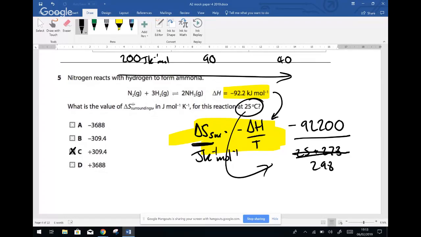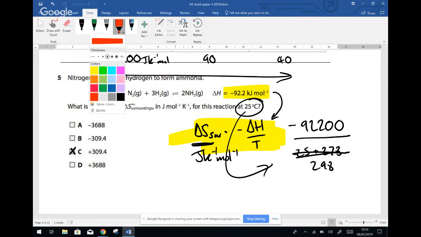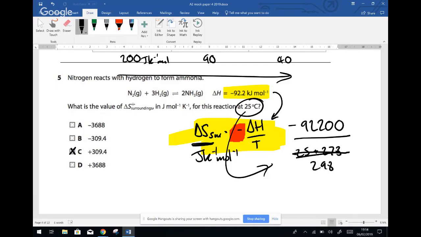Now people are going to be interested in noticing why it's going to be positive in terms of entropy. And I've made a mistake, haven't I? What they're doing here is checking to see that you know where these values are coming in. Because there's a minus there, and what students are going to think is that that minus is that minus, and it's not. That minus is that minus.